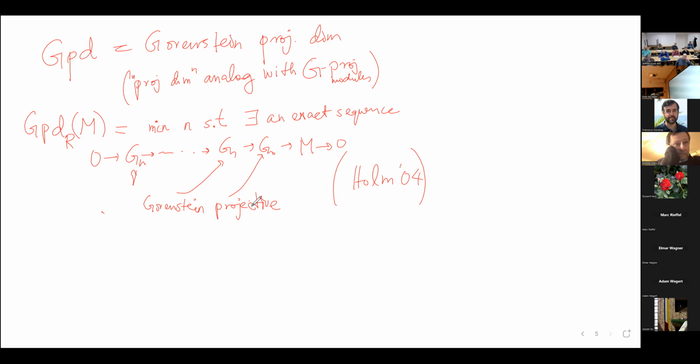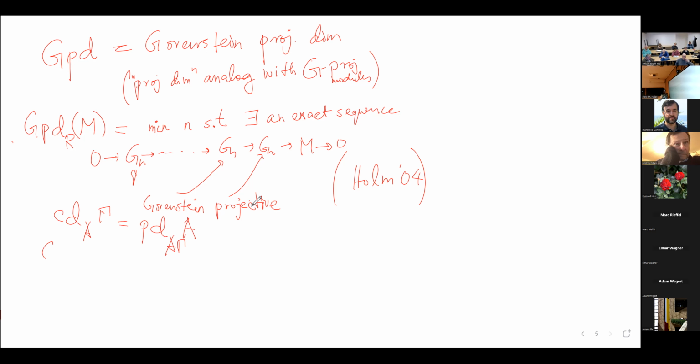Now, as you might remember, the cohomological dimension of a group Γ over a ring A is defined as the projective dimension of A as an AΓ-module.